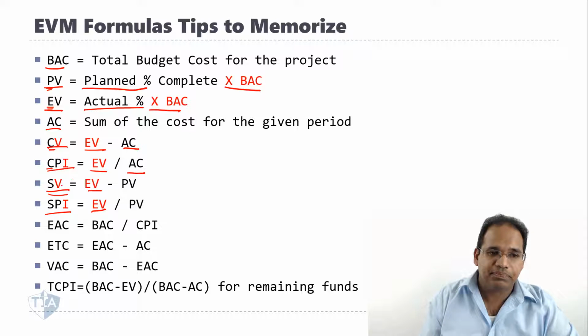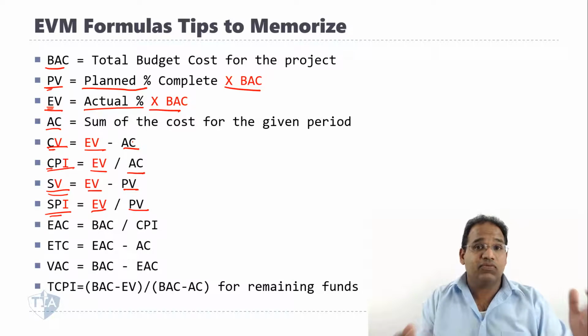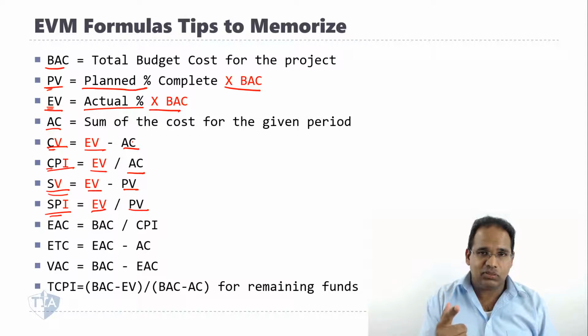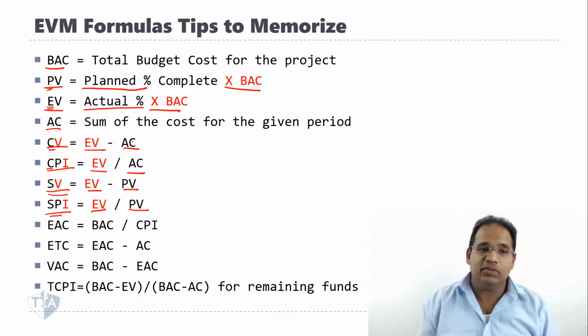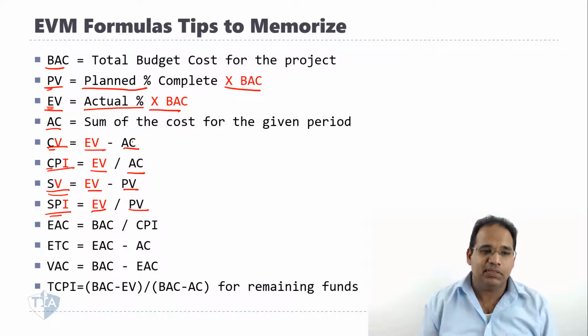Both SV and SPI go against the PV, just like CV and CPI both went against the AC. So what's the formula for SV? Everything starts with EV, and it's a V, so minus PV, the planned value. What's the formula for SPI? It's the same thing, except you divide it. So it's EV divided by PV.